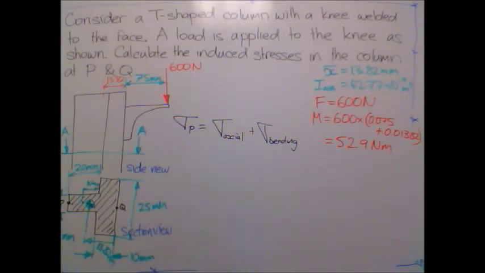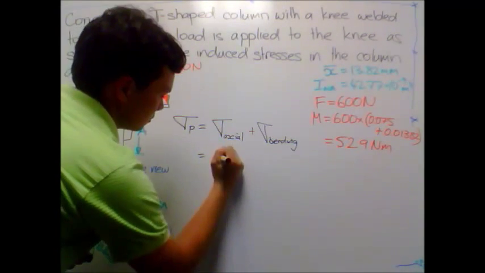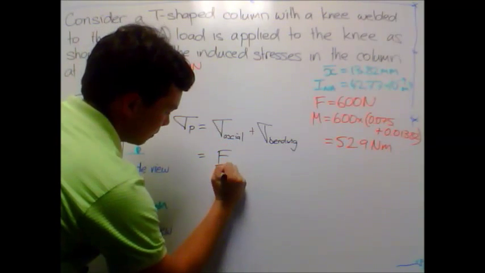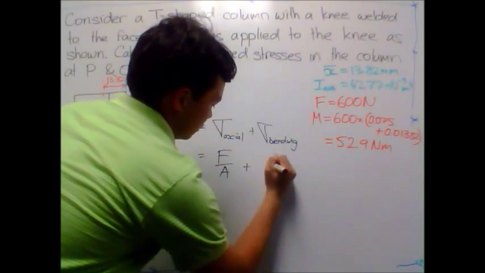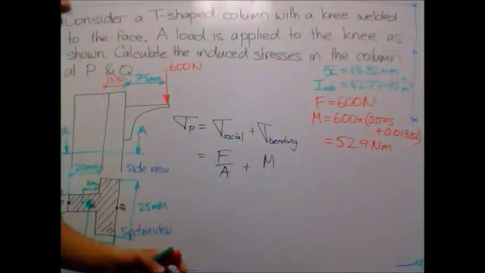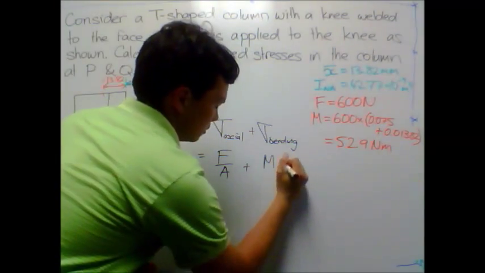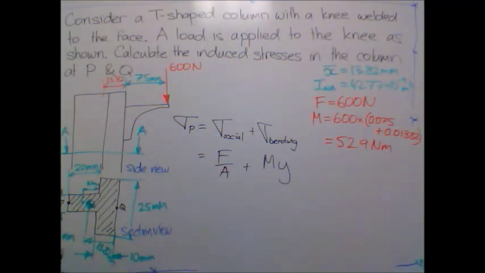My stress due to my axial load is equal to force divided by area. My stress due to my bending load is equal to my bending moment times the distance to the point that I'm interested in. So for P, it's this distance here.